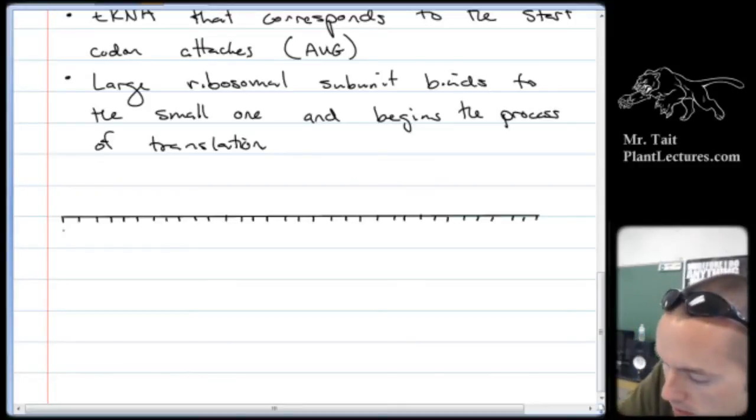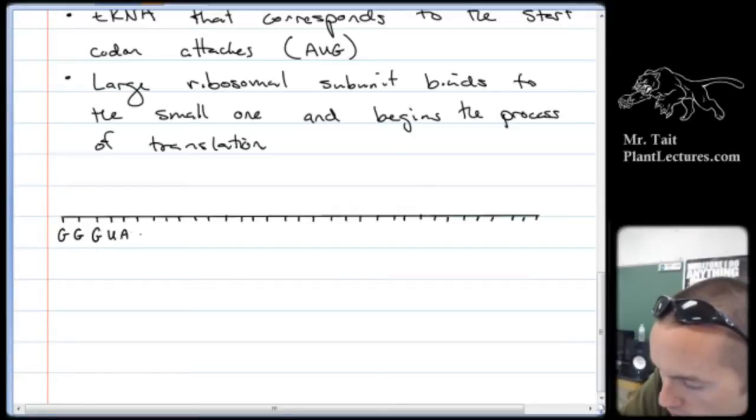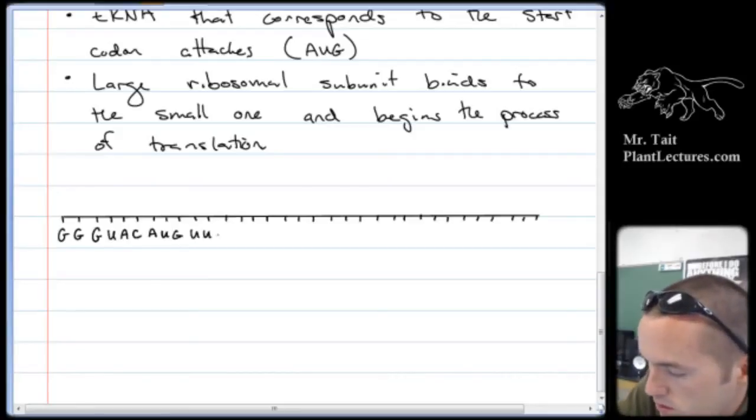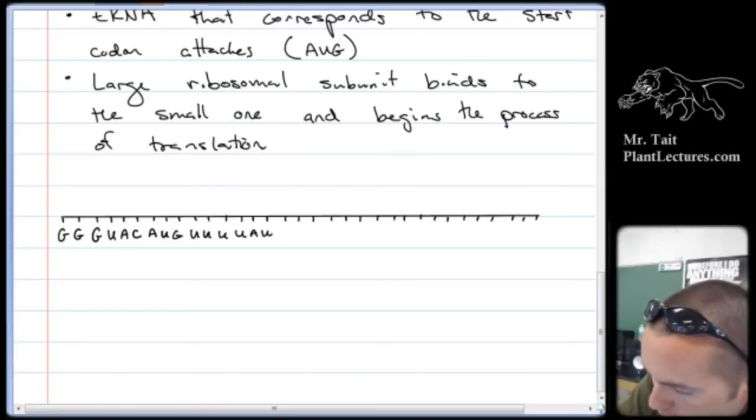Let's say it's something like GGG, and then UAC, and then AUG, and then UUU, and AU, UGA, AAA, AAA, AAA, AAA.